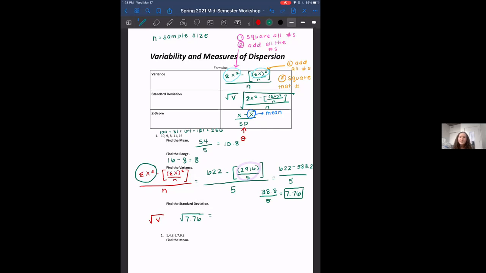About 2.8, yes. So it's 2.79. So that's our standard deviation. So did anyone have any questions on how we got anything in that problem?